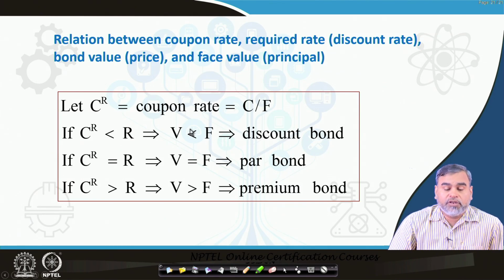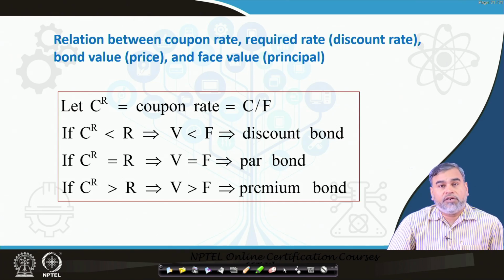So, depending upon the relationship between the coupon and the yield or the rate of interest, we can define which bond is a discount bond, which is a par bond, and which is a premium bond. These are the observations we can draw, whether the bond is issued at discount, at premium, or at par.